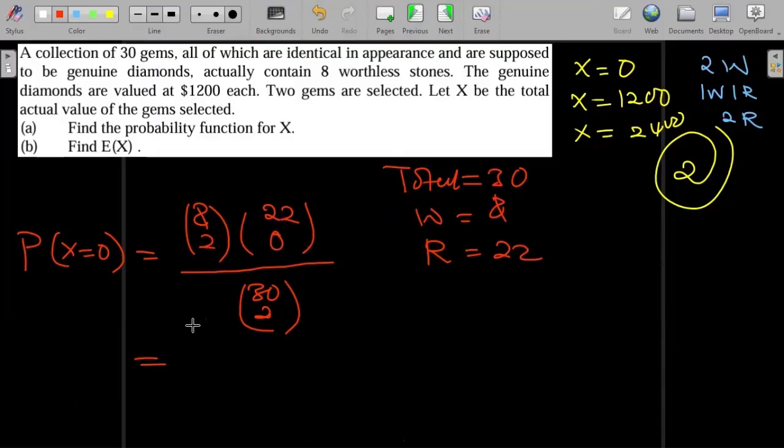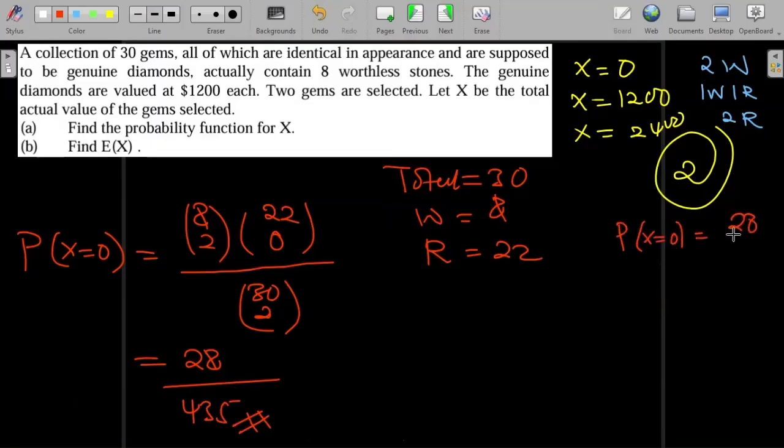When I put that on my calculator, it gives me 28, divided by 30 combine 2, which gives me 435. Counter check with your calculator as well. So the probability that x is equal to 0 is simply 28 over 435. All right, we're done with that one.